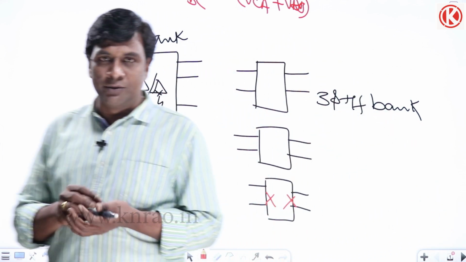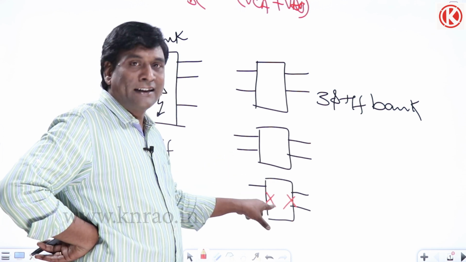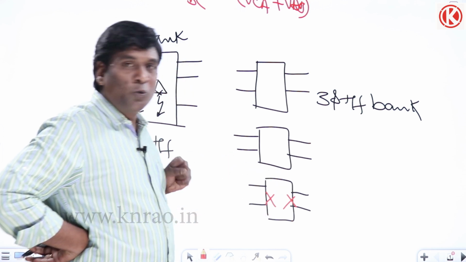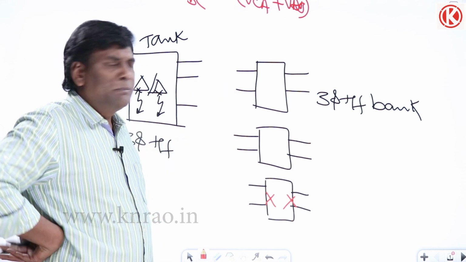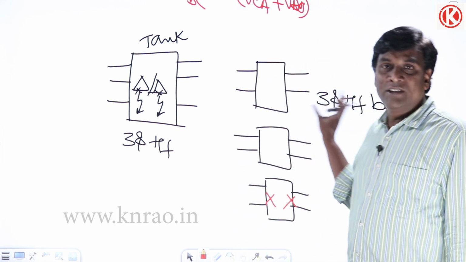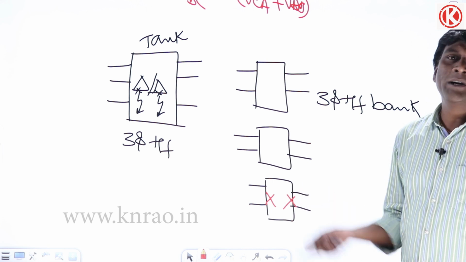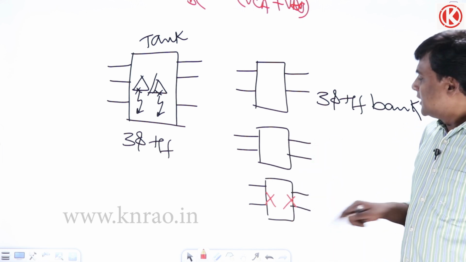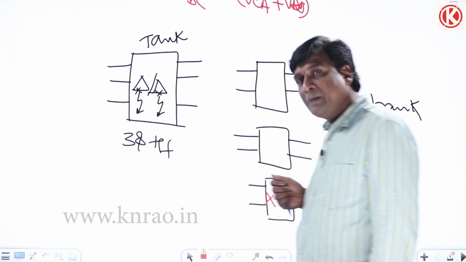Obviously capacity will be reduced. If I have this as 10 kVA, the moment I remove this, how much will be the installed capacity? 20 kVA. Maybe we are going to see very soon how much capacity can be withdrawn, but of course the moment one transformer is not working, that particular kVA nobody will take. So in this case this particular transformer can be removed and sent for repair work.